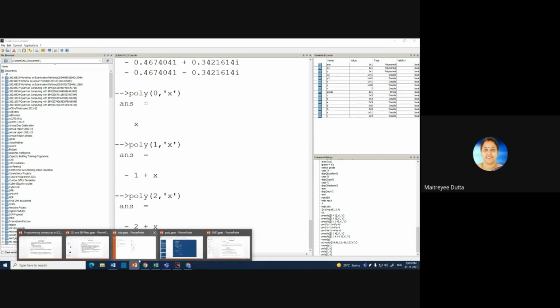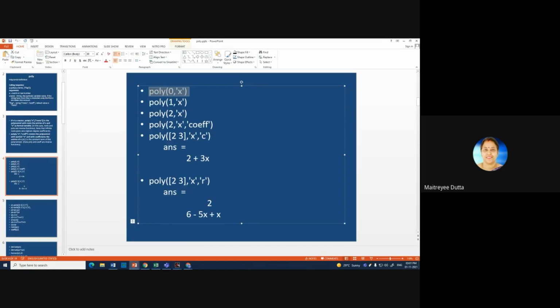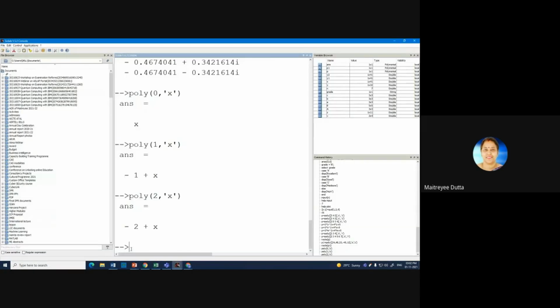Next one, what we have seen, that is your coefficient. So we should get only 2, right? So let me just paste it. You just see only 2. Why is it 2? Because only one term is there, and this is a coefficient of x to the power 0.